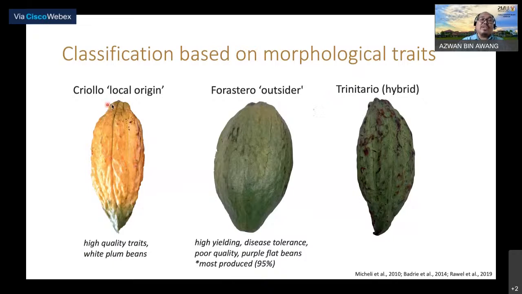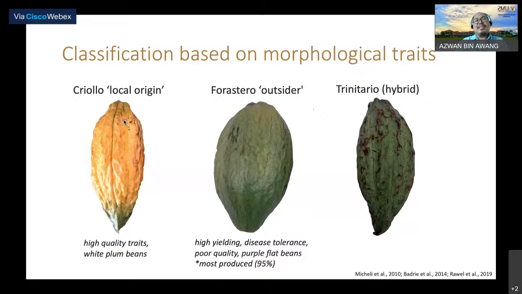So Criollo, you can see they are very long like this, with a very rough surface and a very clear furrow here. Criollo is a high quality type of cocoa, and they have white beans, and they are known for giving a fine flavor taste.